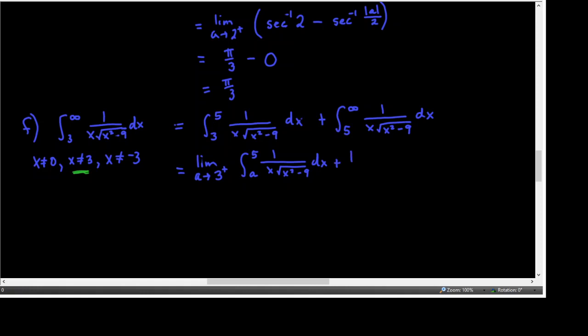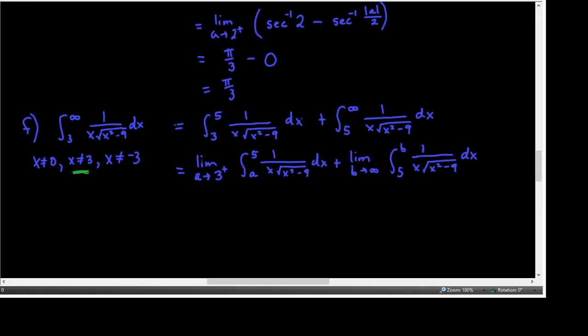Plus the limit as B approaches infinity of the integral from 5 to B of our same integrand, 1 over x times the square root of x squared minus 9 dx.